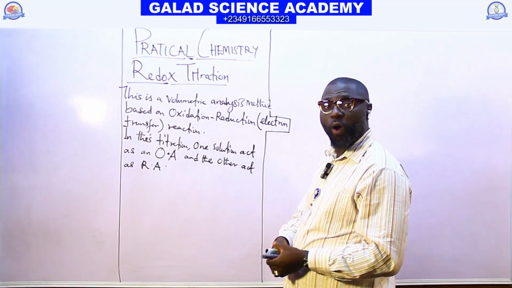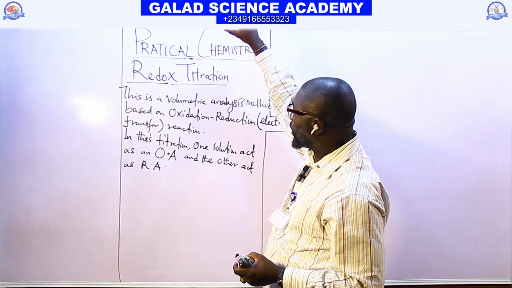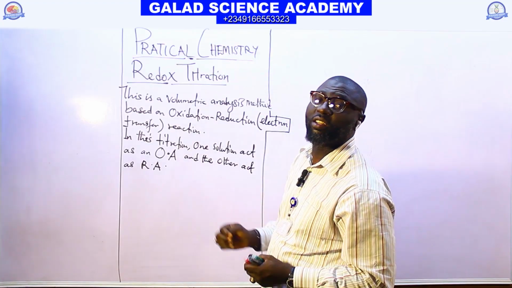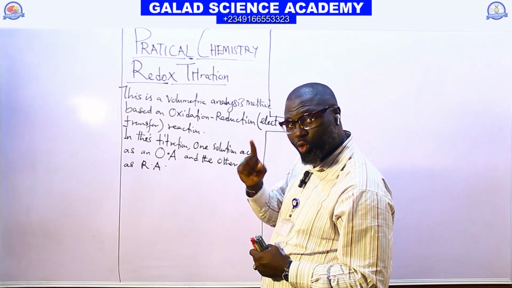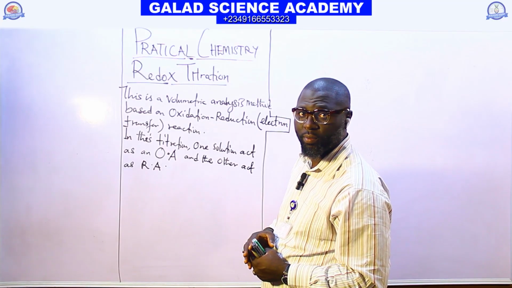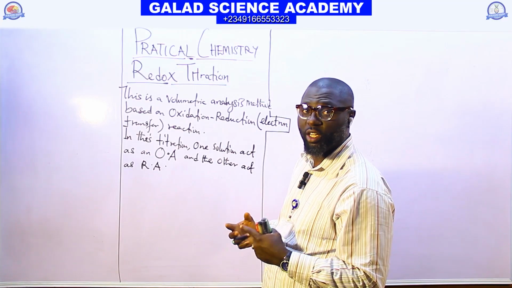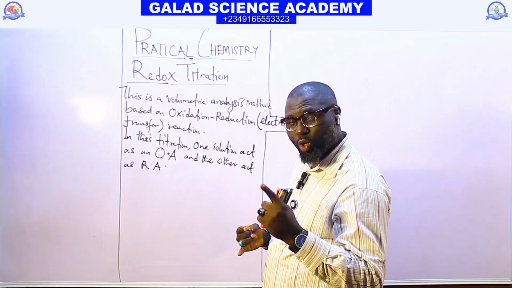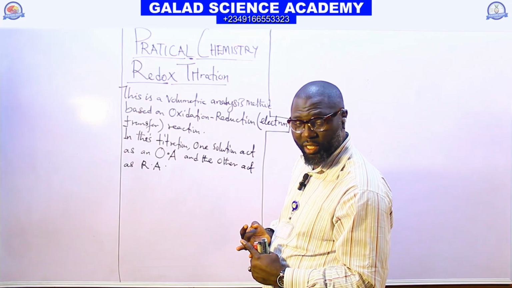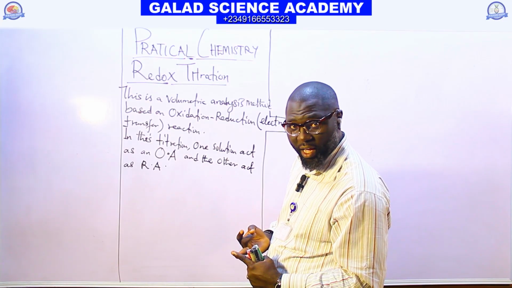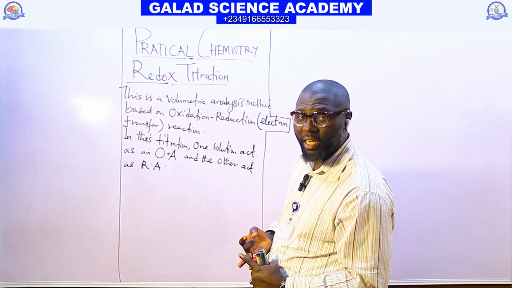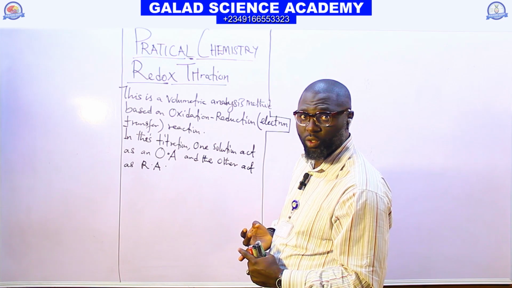Before we can understand the redox titration very well, you need to go back to the redox reaction, which involves oxidation and reduction. You must know how to define oxidation and reduction in terms of electron transfer, oxidation number, hydrogen, and oxygen.